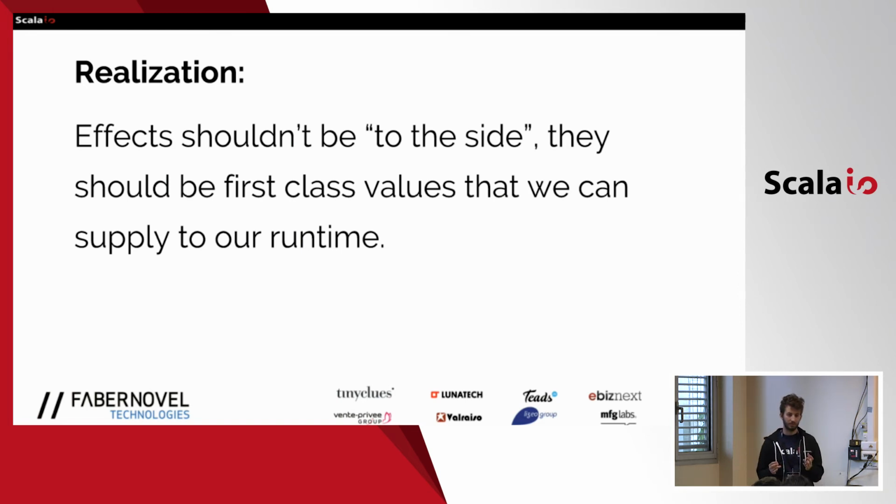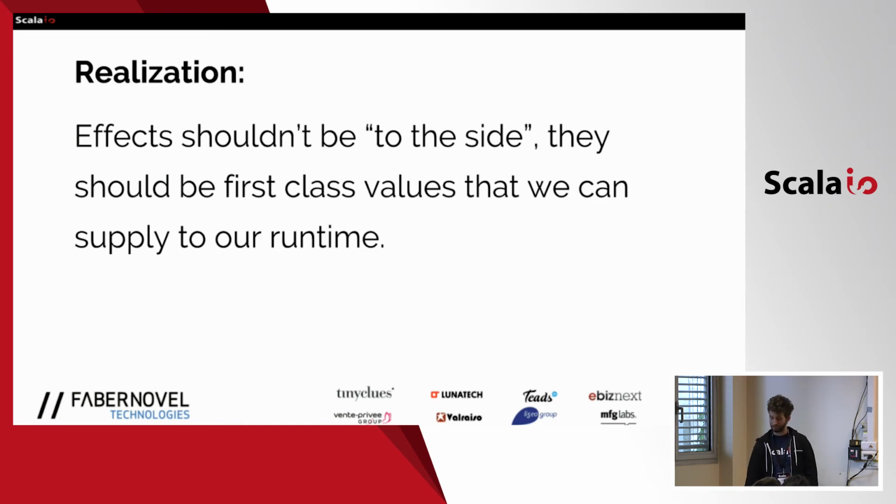We don't want them to just happen at any time. We want to somehow combine them. They should be first-class values, and then we should supply them to our main method, and then the main method should run them all, which we call the end of the world, basically. Which just means that we don't call them inside our pure computations, but only at the end.